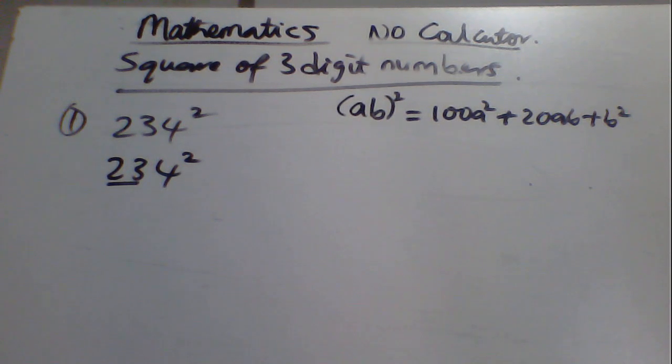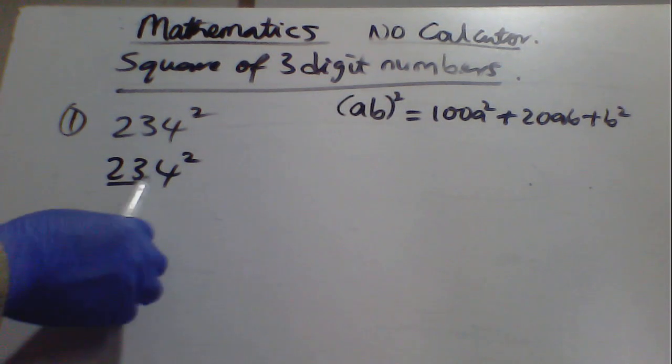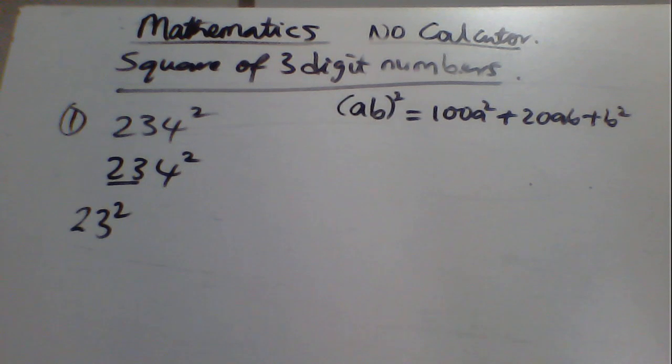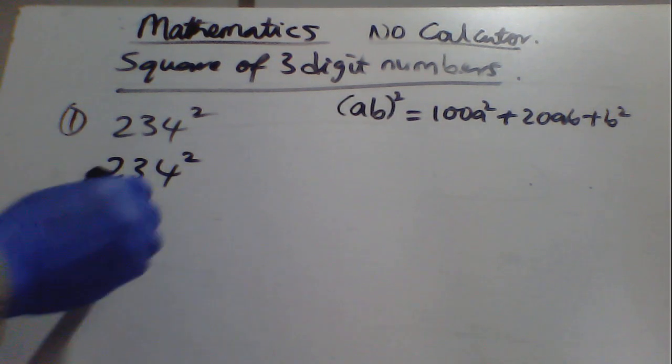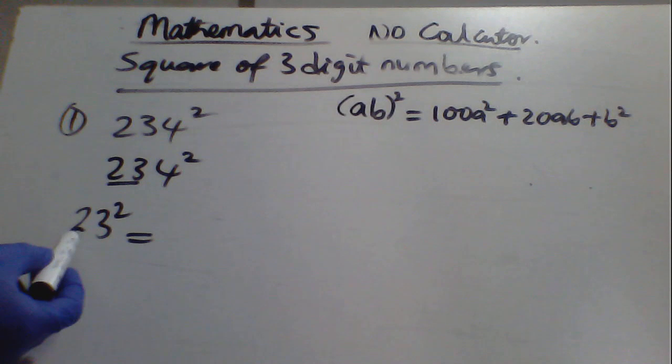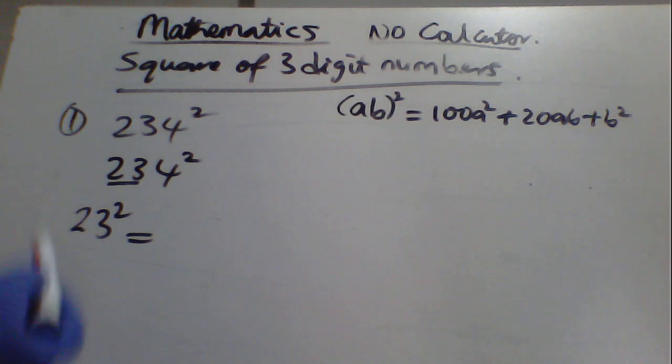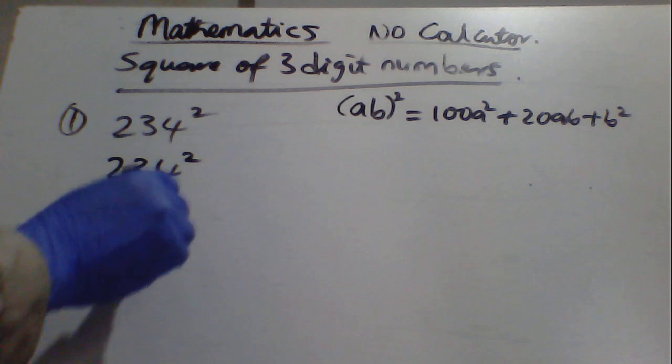So in that case, you still have to use this formula. The first thing is to find the square of 23, using the same method. Square this first one, multiply it by 100, it gives us 400. Square the last one, it gives us 9. You add it, it gives us 409.